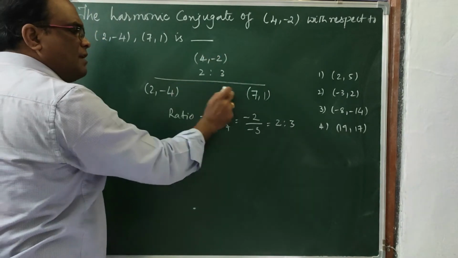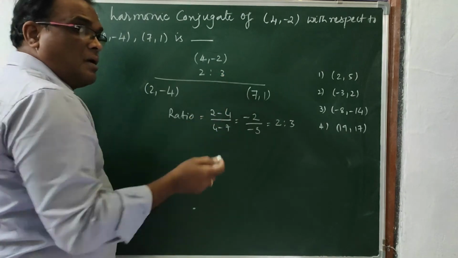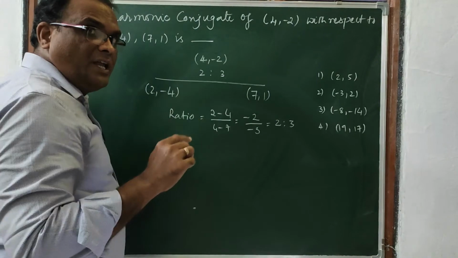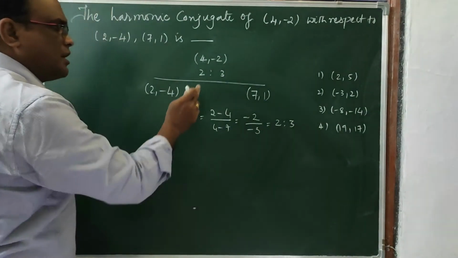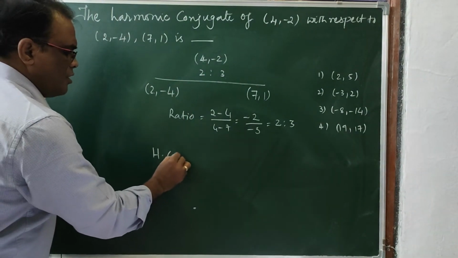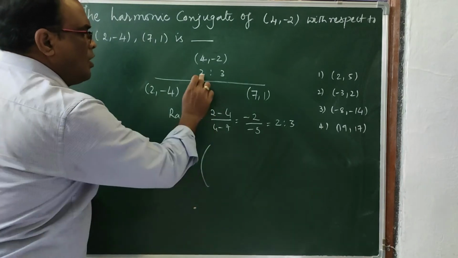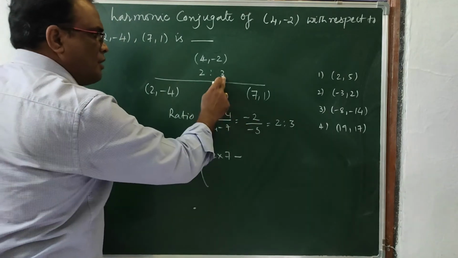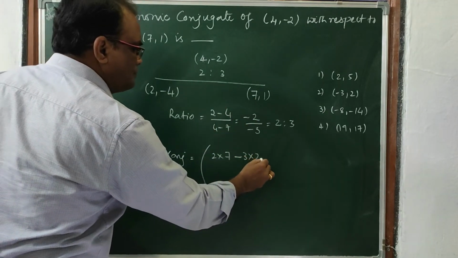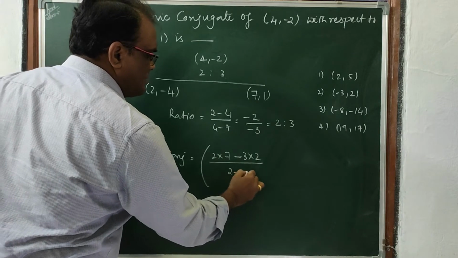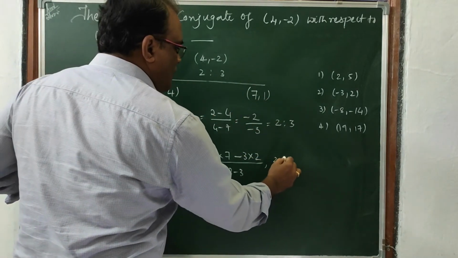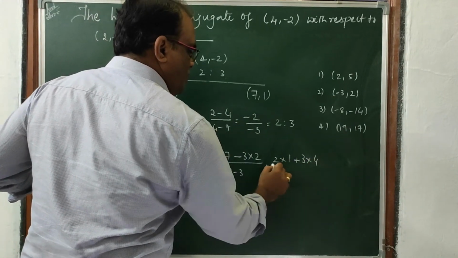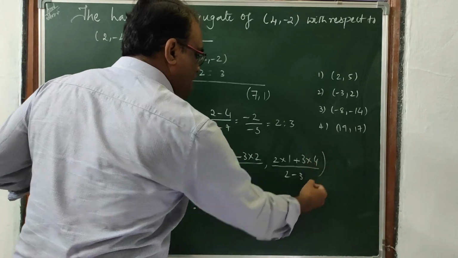Actually, the point divides in the ratio 2 is to 3. But the required point has to divide it in the ratio 2 is to minus 3. That is external division. So, harmonic conjugate is equal to 2 into 7 minus, because we are taking external point, 3 into 2 by 2 minus 3. 2 into 1 minus into minus is plus, 3 into 4 by 2 minus 3.